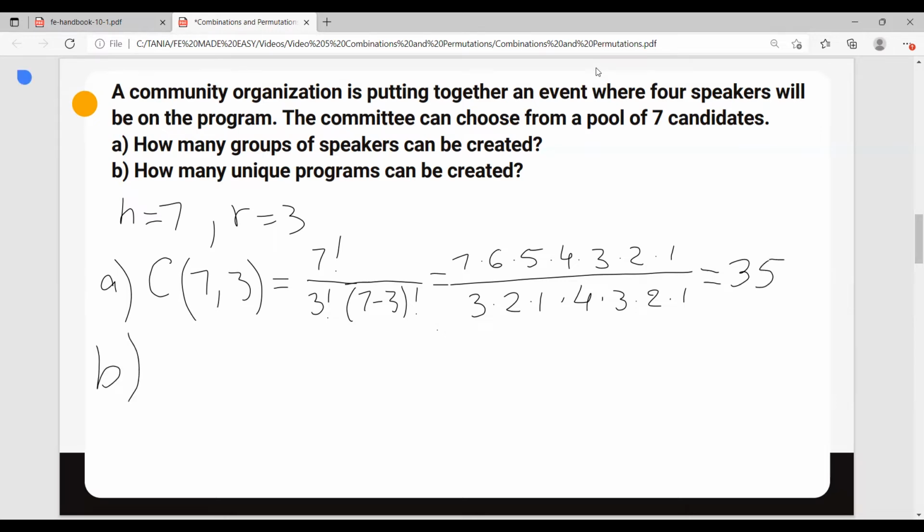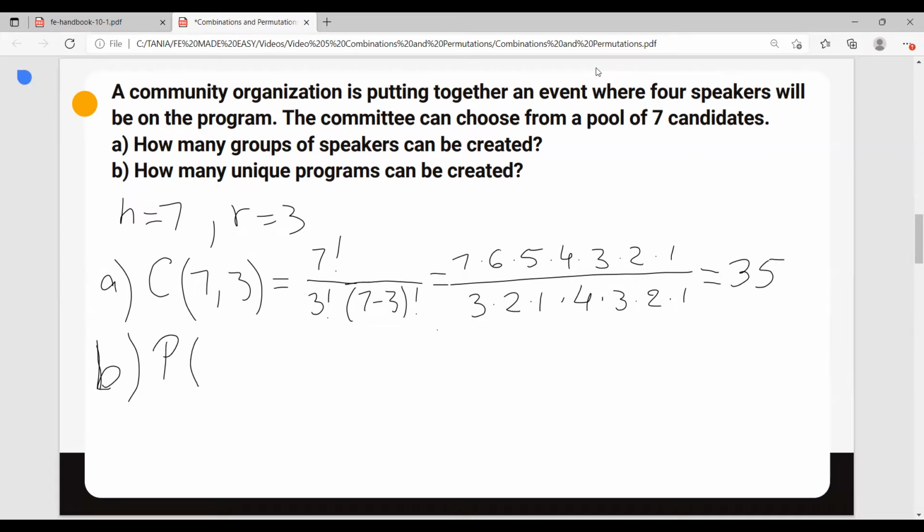Now B, how many unique programs can be created? So B asks us about how many unique programs, which right away sends you to the permutations because it's asking us about a unique sequence.